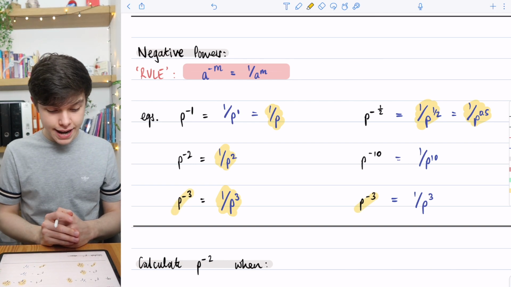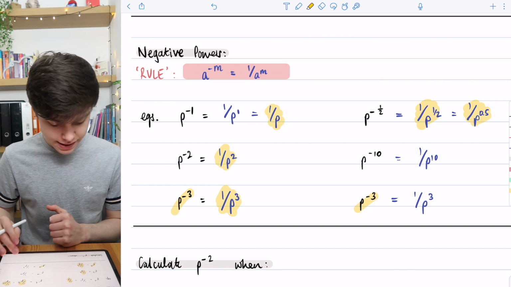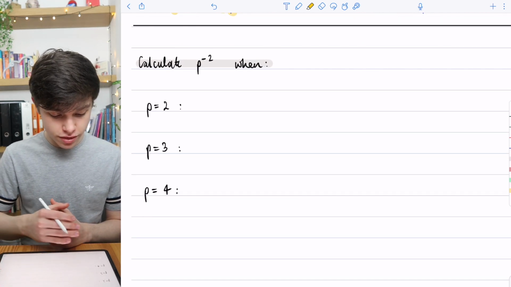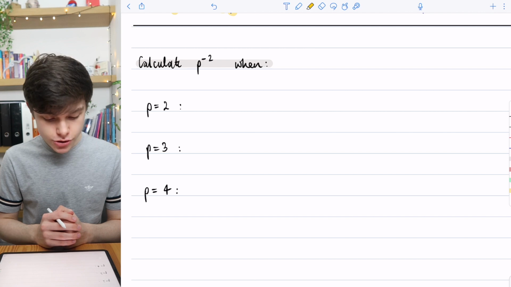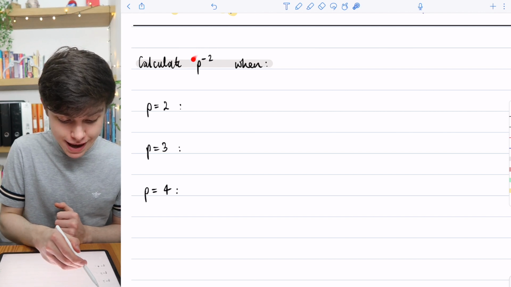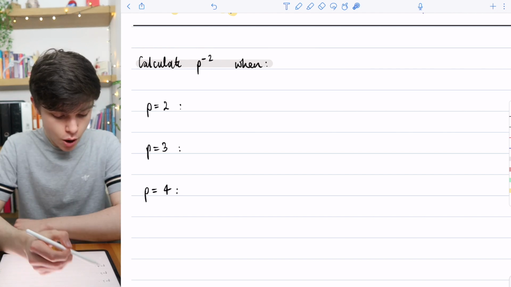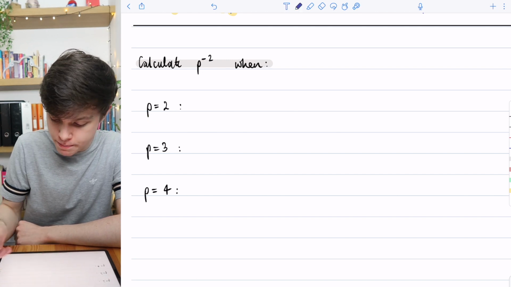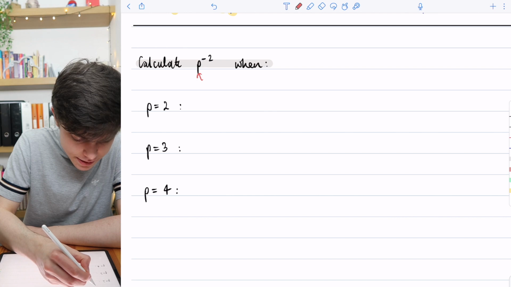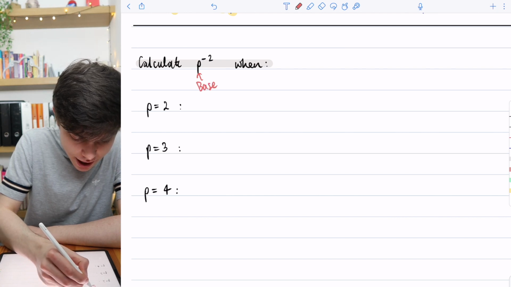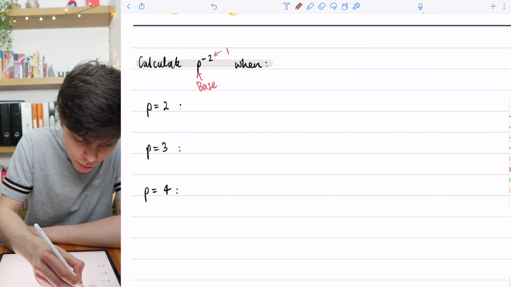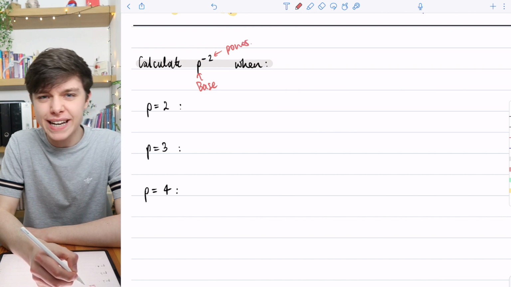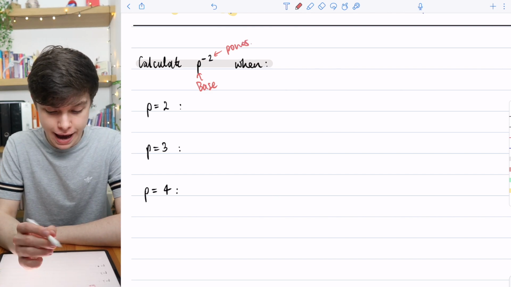Alright, so those are negative powers. There's not really much else to say, but let's finish off with this example. What I want to do is calculate p to the minus 2 when p is equal to 2, so when our base is 2, because remember, this p is our base, and this minus 2 is our power, or index, or exponent, we'll call it a power.